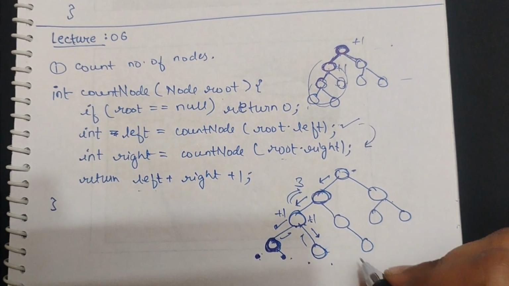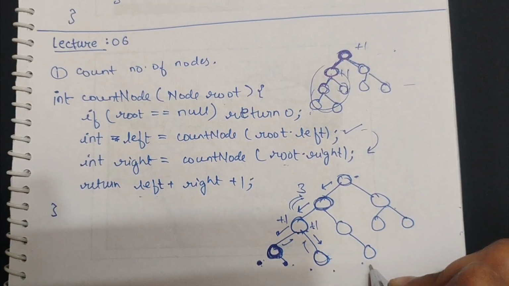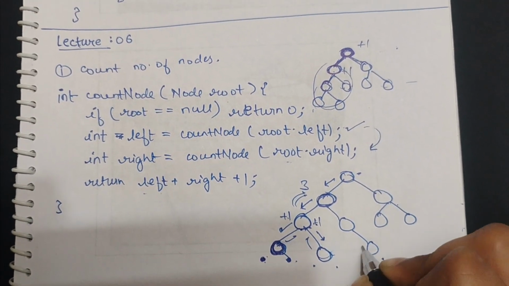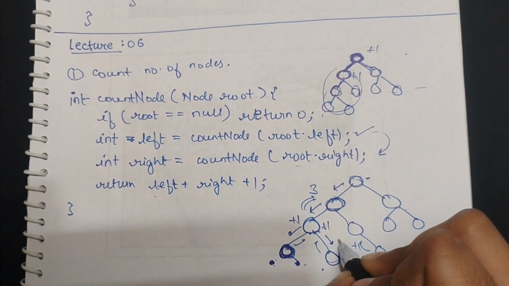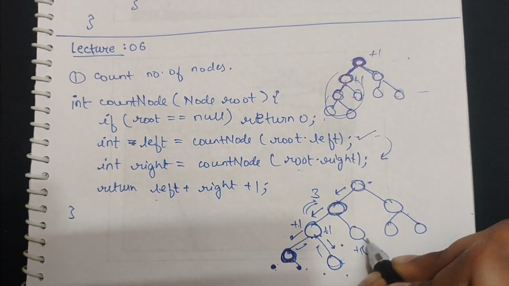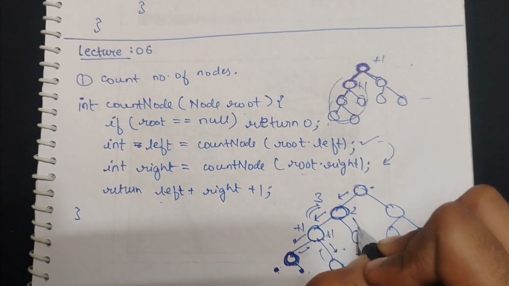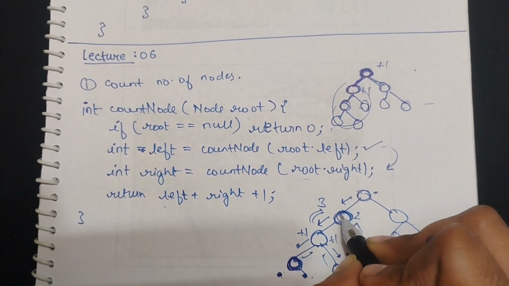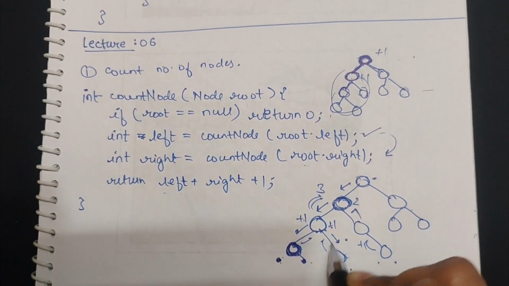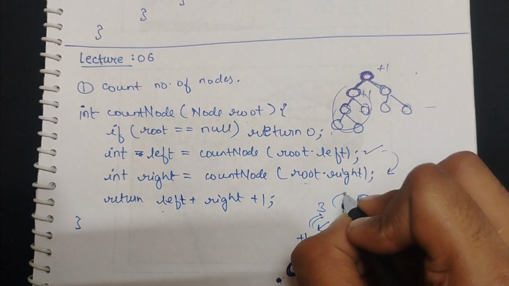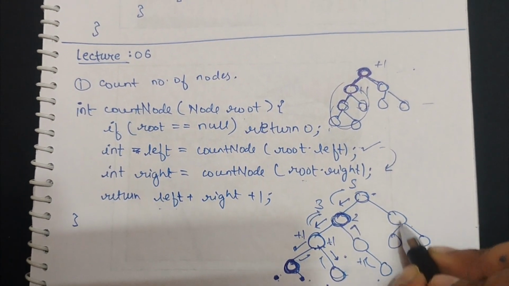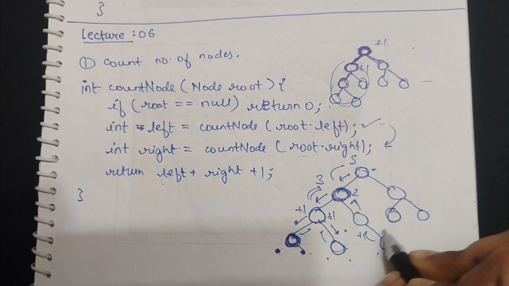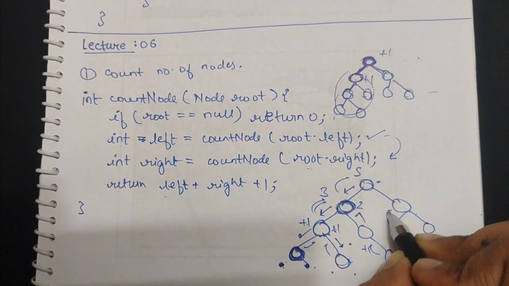Similarly for this, it has 0 from left, 0 from right, and returns 1. It has 0 from left, 1 from right, returns +1, that is 2. Now this one has 3 from left, 2 from right, 5, returns +1, that is 6. Similarly for this, it has 0 from left, 0 from right, returns 1.